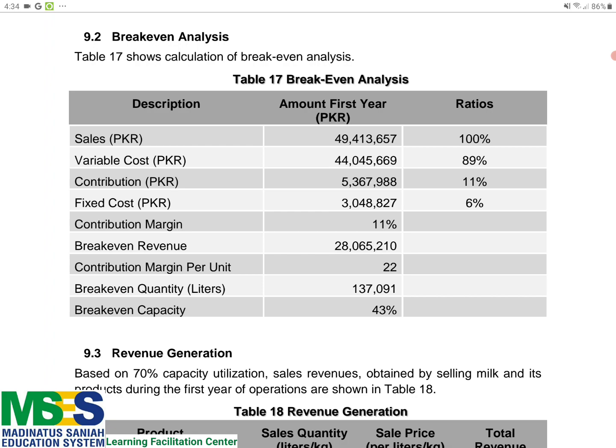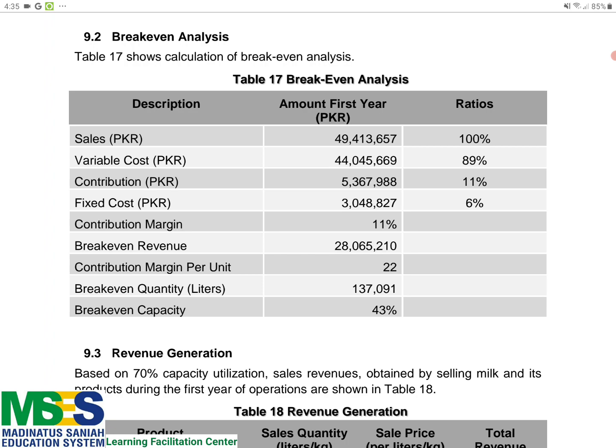Can you sell this quantity in 1 month? This is a yearly analysis. So if you sell 137,000 liters of milk, you could take, for example, 3 to 4 months, or 5 months.